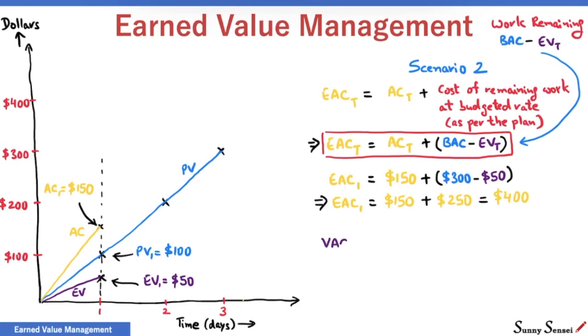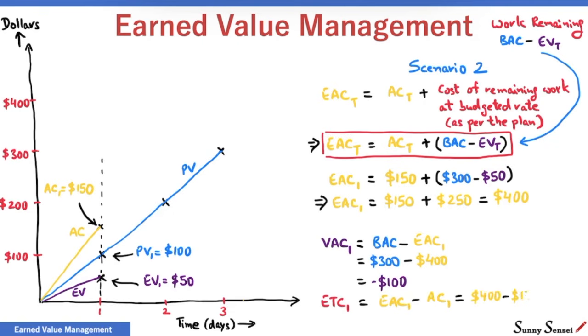Variance at completion at the end of day 1 is minus $100. Estimate to complete at the end of day 1 is $250. This is the cost of remaining work, the pending work at the end of day 1. BAC minus earned value at the end of day 1 will also give us $250.